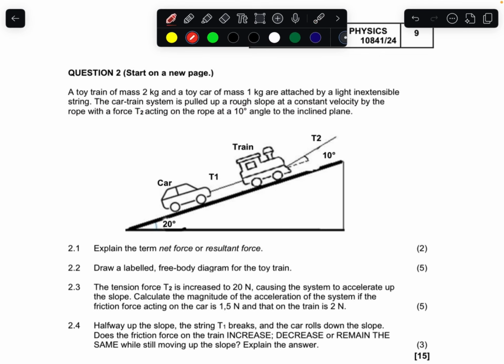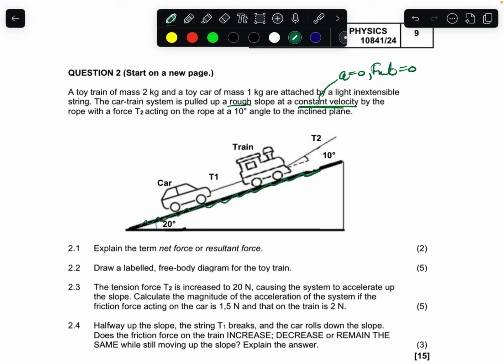So the very important information there is constant velocity, the acceleration is equal to 0, and the net force is equal to 0. And it's pulled on a rough slope, that means there's a presence of friction there, right?